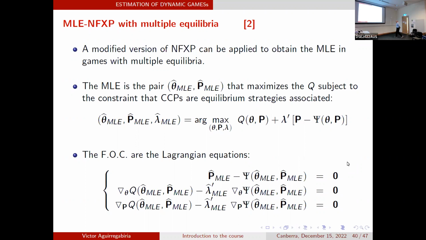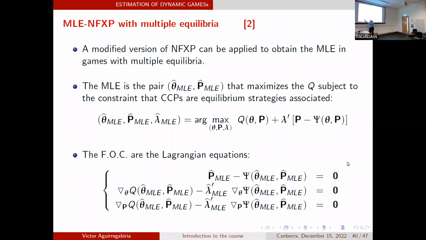Remember which were the conditions that define the NPL estimator in single agents? For given P, theta maximizes the pseudo likelihood in terms of local conditions.